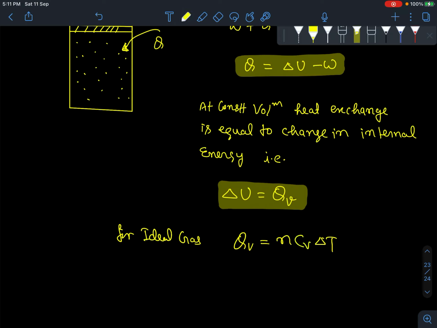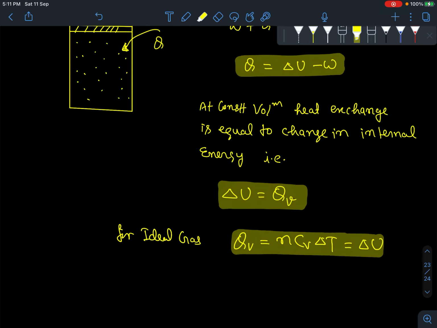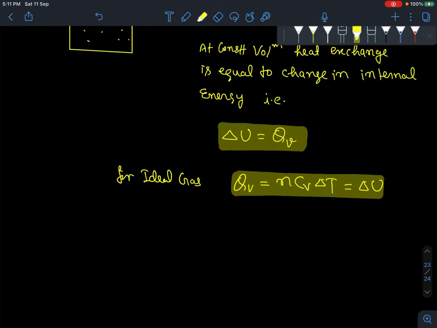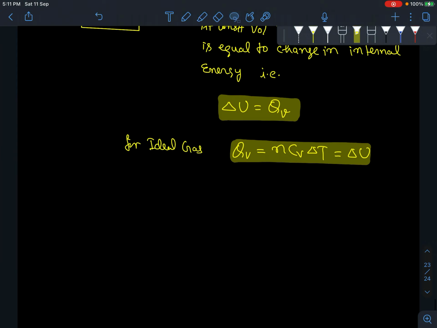So Qv is equal to this, and this is nothing but delta U. Right. So for ideal gas we have this relation.